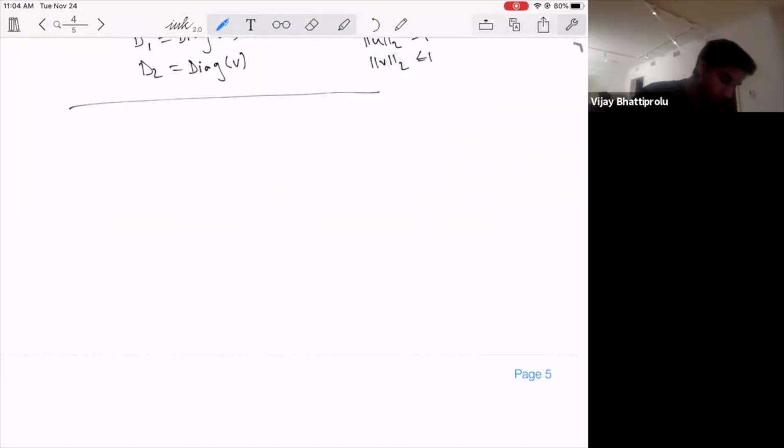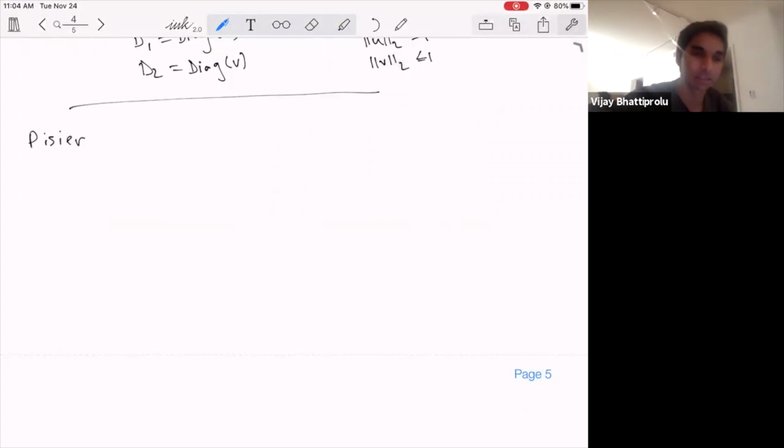Right. So now PCA proved a much more general factorization theorem, and I'm not going to define all the norms for which this holds. I just want to state the factorization theorem.